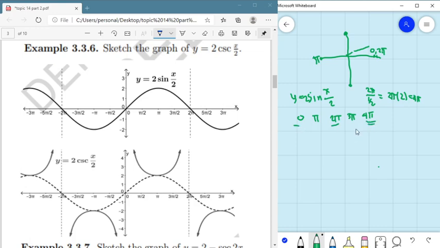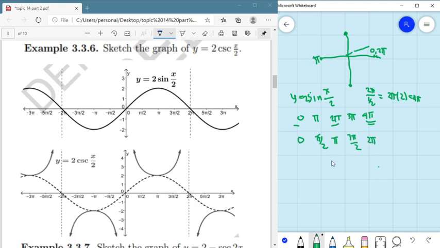Why? Because when we replace x with 0, we get 0. When we replace x with pi, it becomes pi over 2. This one becomes 3 pi over 2. This one becomes 4 pi over 2 or 2 pi.